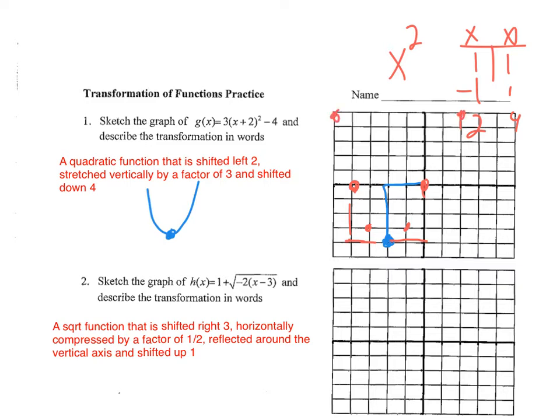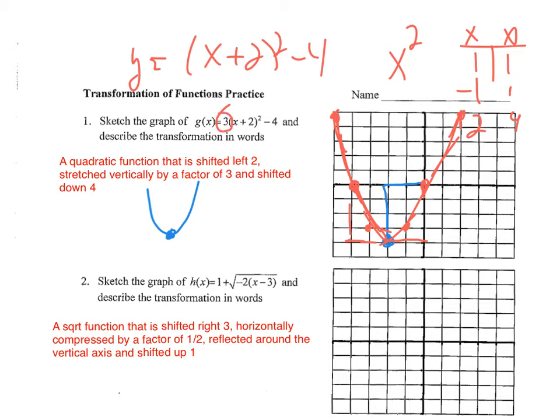Barely. So that is what the graph of y equals 1 times (x plus 2) squared minus 4 would look like. And this has that extra 3 in front of it. So that means it's being stretched vertically.